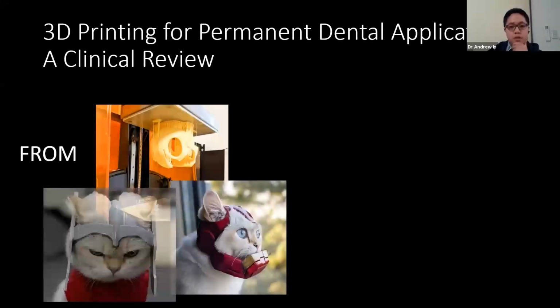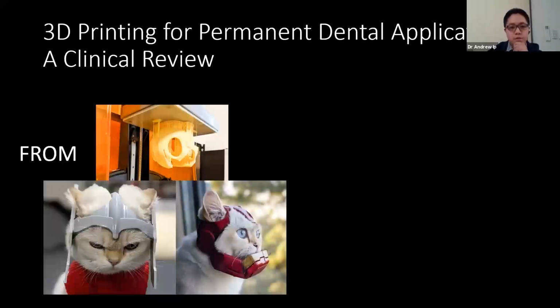Just to show you a couple of photos of what I've done in the past. Just to introduce myself, I used to do 3D printing as a hobby. I didn't one day just go, oh, let's print temporary crowns, or let's print splints, or let's print models. All of a sudden, I was printing things very different to what you'll see today.